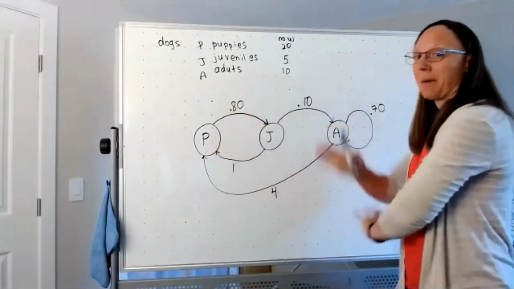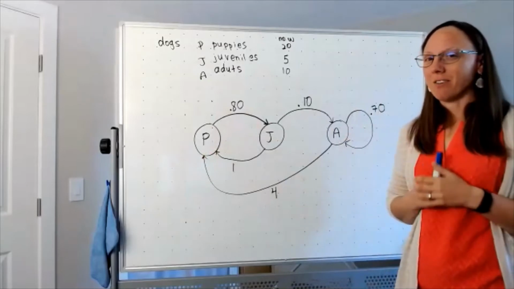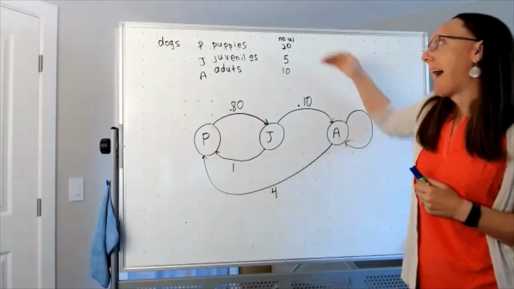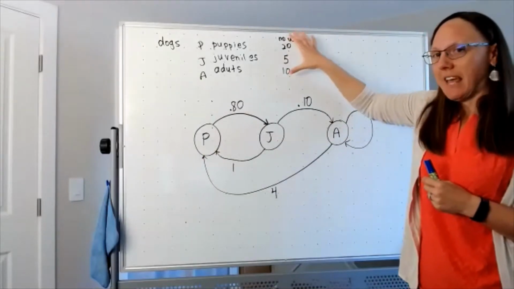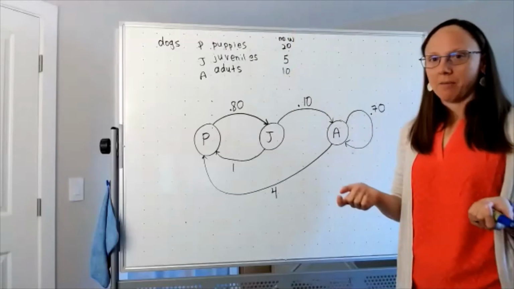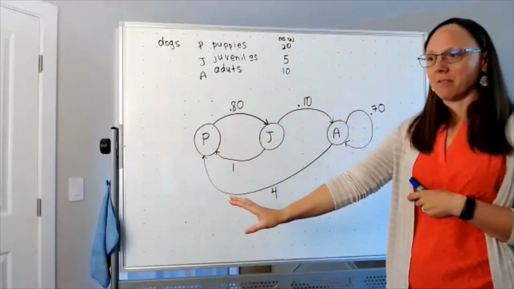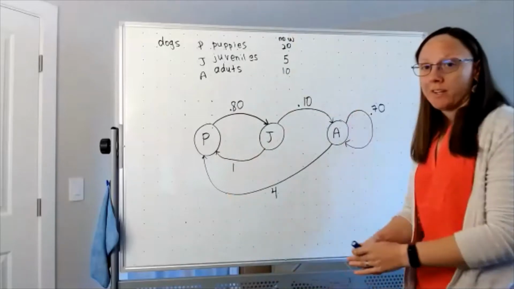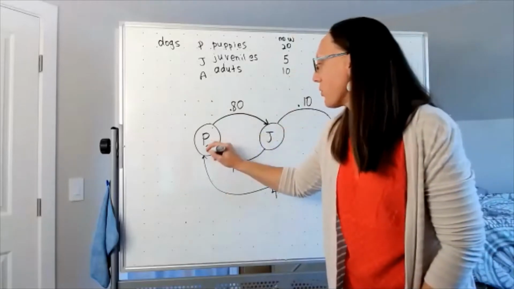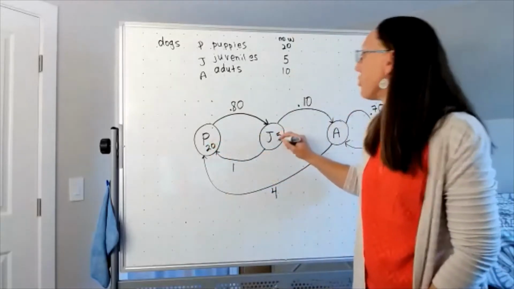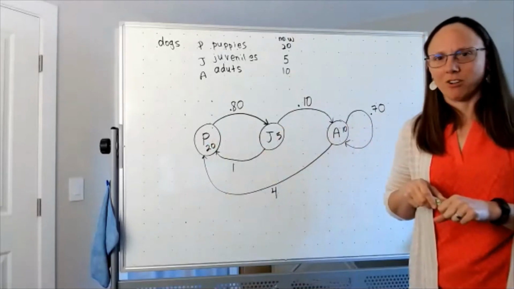Well, this matrix diagram can allow us to figure out how many individuals in each of these age classes there will be after we play out one cycle of these events. So let's do it. We started off with 20 puppies, 5 juveniles, and 10 adults. I should have done those in a different color or something, but it's okay.